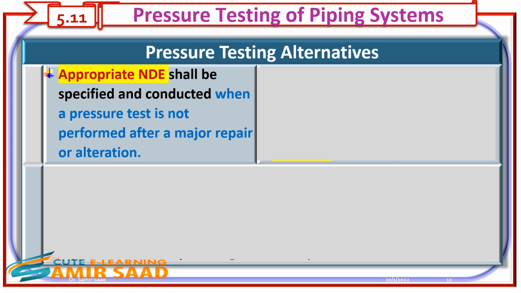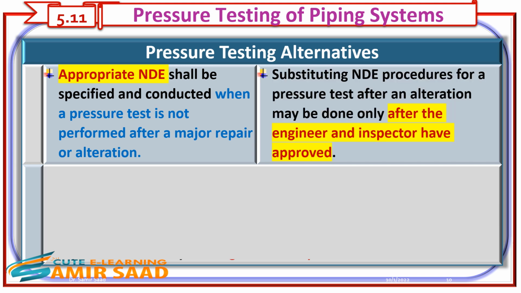Pressure testing alternatives. Appropriate NDE shall be specified and conducted when a pressure test is not performed after a major repair or alteration. Substituting NDE procedures for a pressure test after an alteration may be done only after the engineer and inspector have approved.